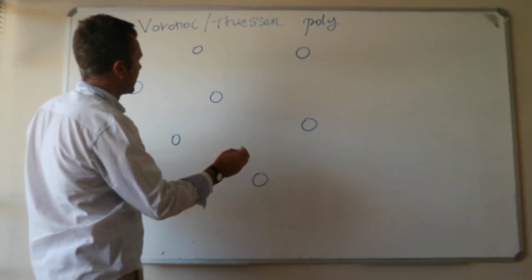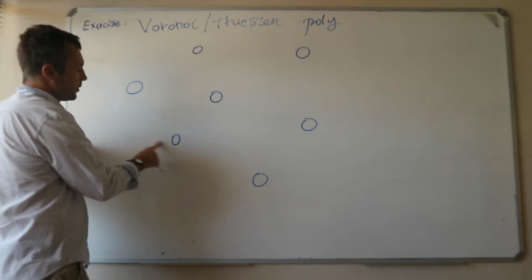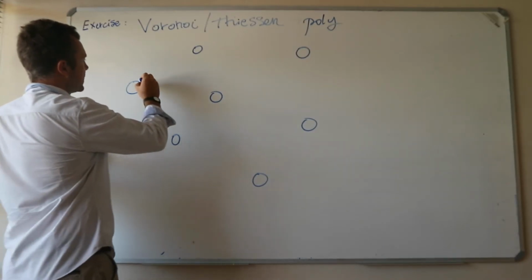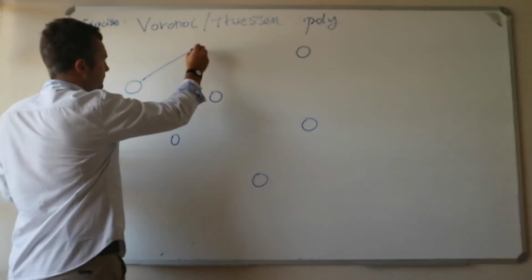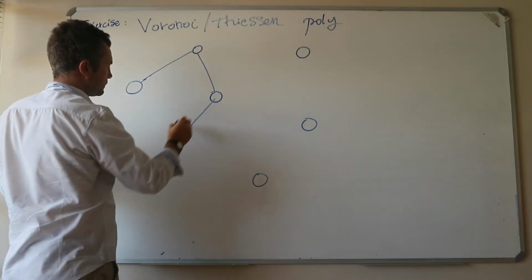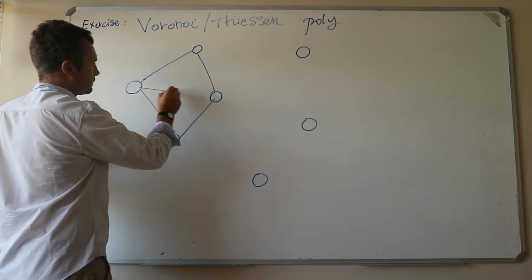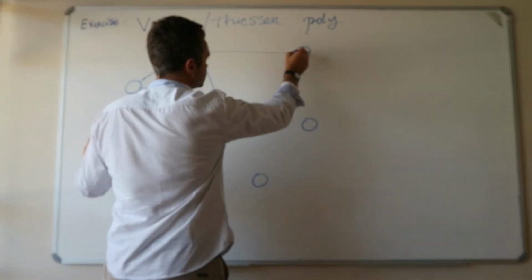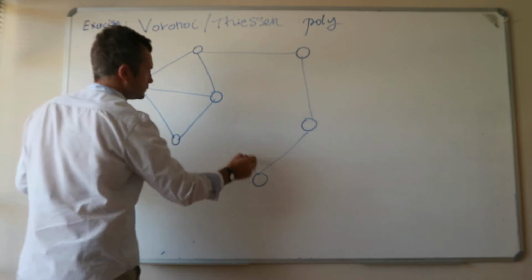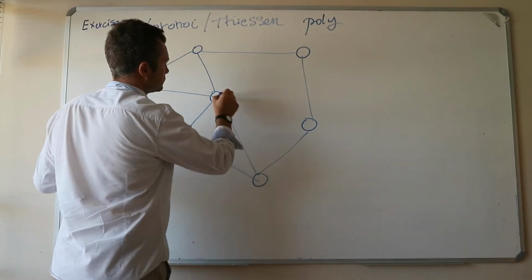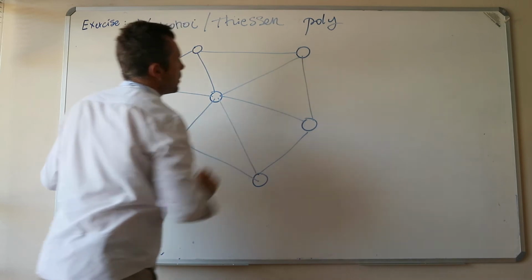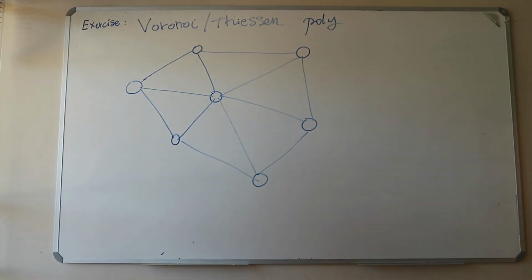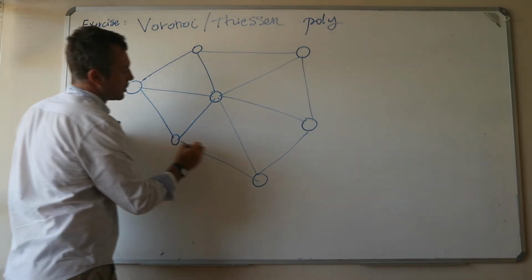to link the points to the closest neighbors. So we create those links, okay? There is always a priority when the links are closer.